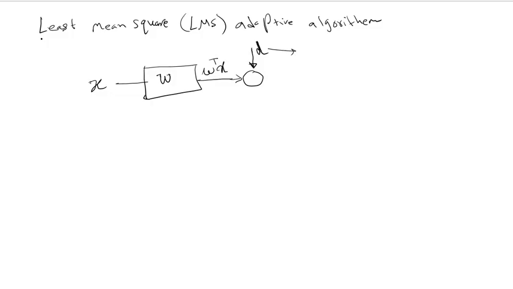D is the desired signal, and this is the linear estimation of the desired signal.